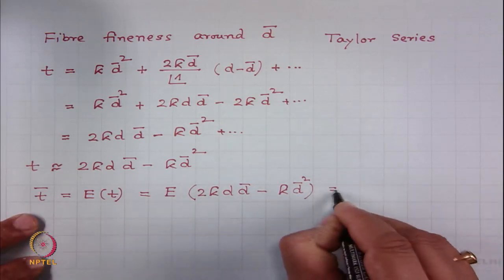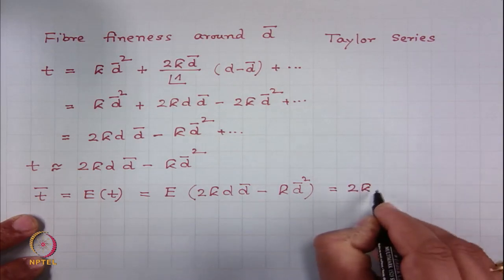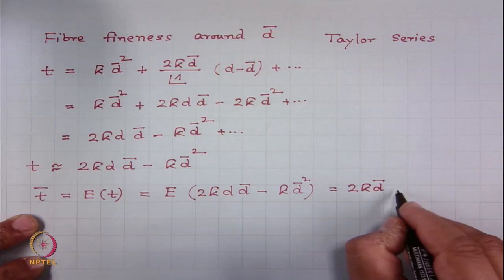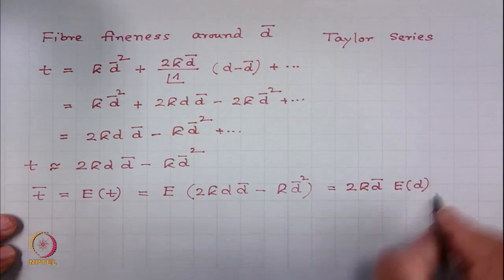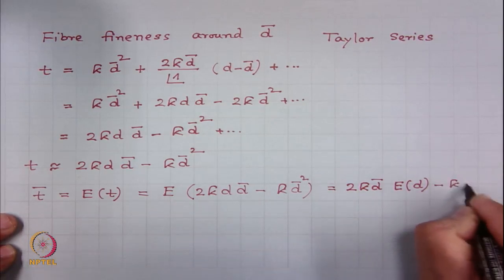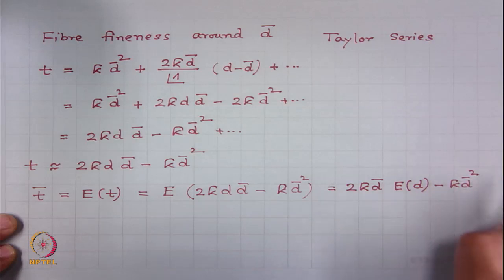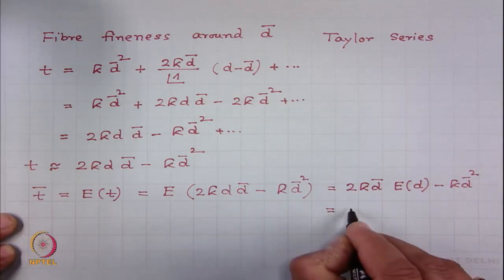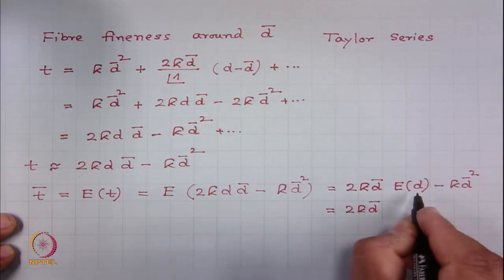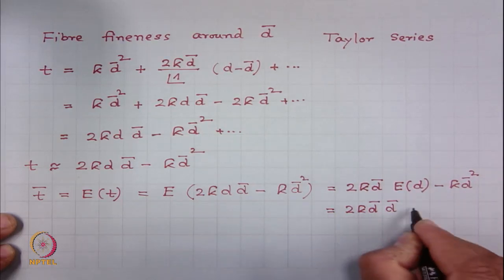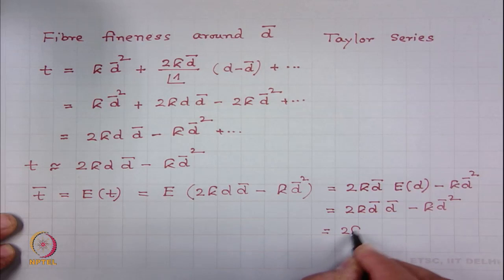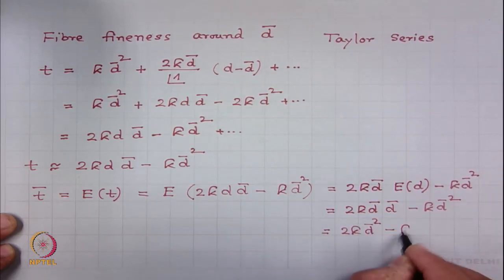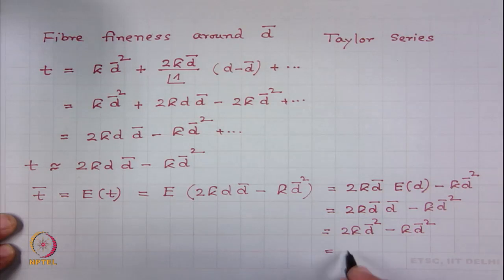So, we can write 2 k d bar into expectation of d minus k d bar square, then 2 k d bar, expectation of d is d bar, minus k d bar squared. So, 2 k d bar squared minus k d bar squared is equal to k d bar squared.